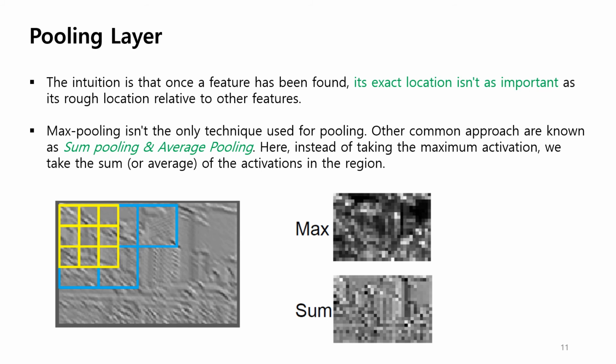But the problem of the pooling layer is it does not tell us where. Suppose the pooling layer tells us there is a nose here, and another pooling layer says there is a mouth here, and there are two eyes here in the image. Then yes, it's good, right? We have a human face, two eyes, one nose, and one mouth. That looks good.